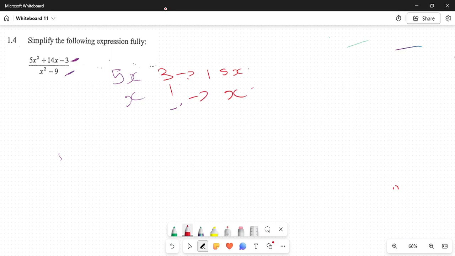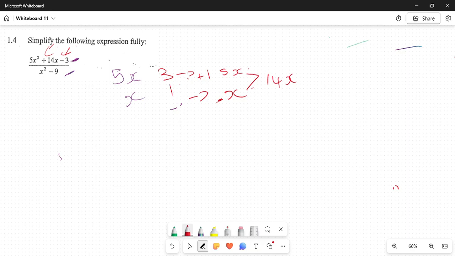Now, because the second sign is negative, it means the signs will be different. Because the first sign is positive, the bigger number will be positive and the smaller number will be negative. Therefore, positive 15x minus 1x will give you 14x, which is our middle term.